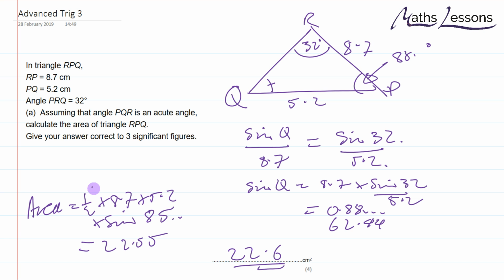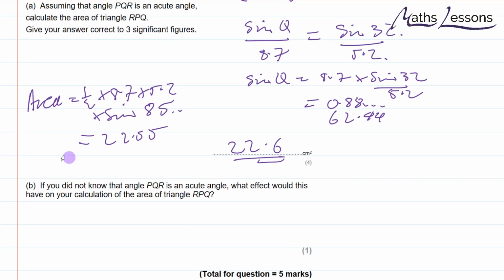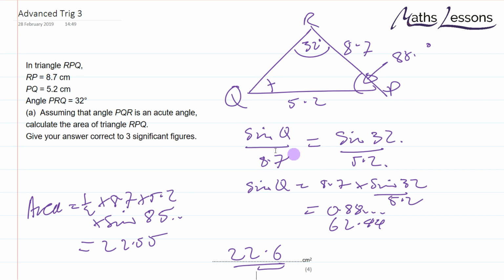Now, part B of this, if you did not know the angle PQR is an acute angle, what effect would this have on your calculation, the area of the triangle RPQ? It's a tricky question.